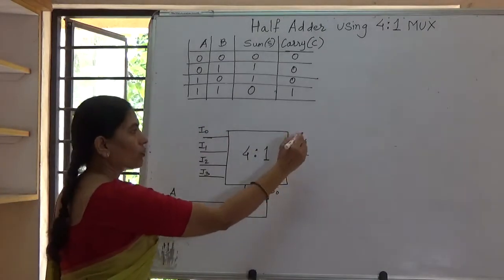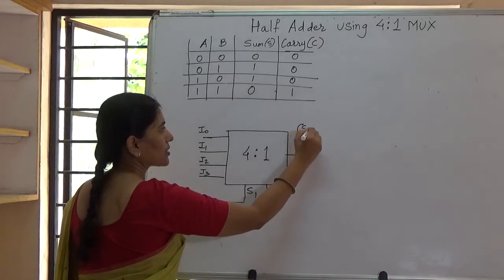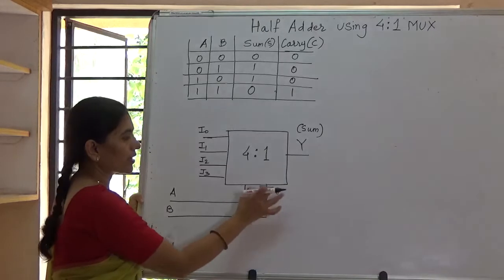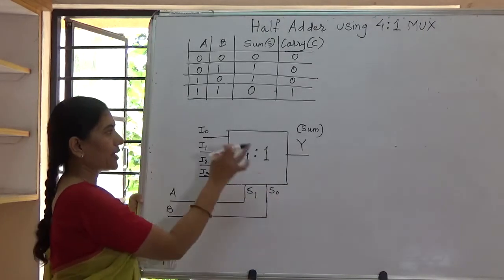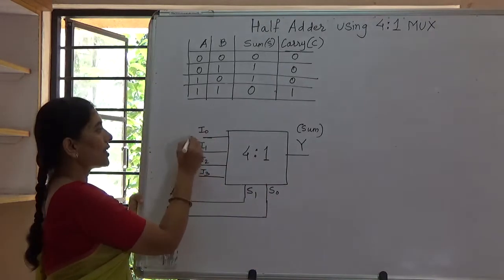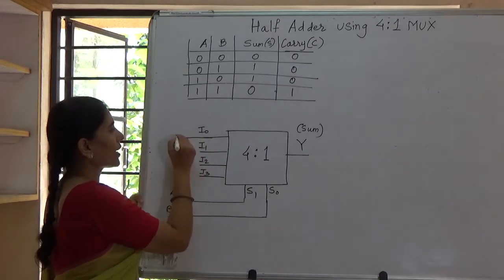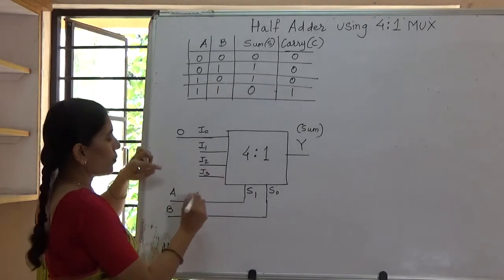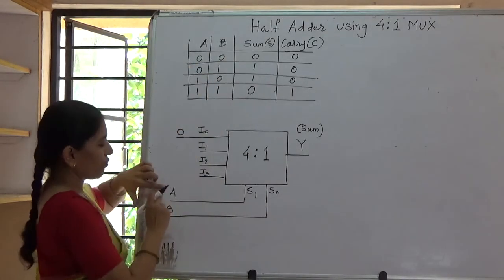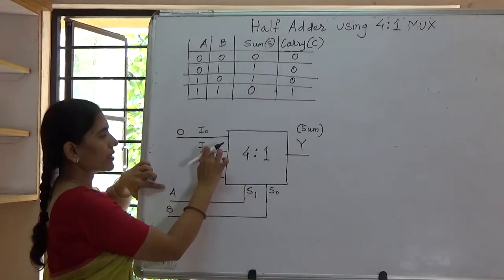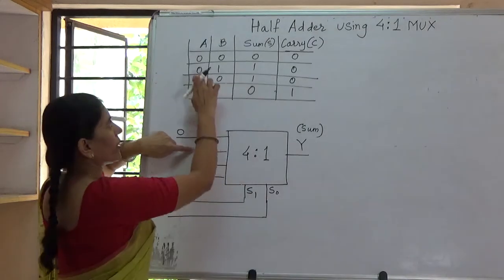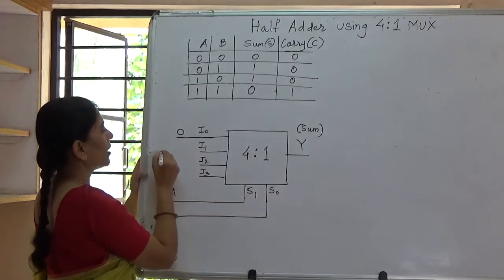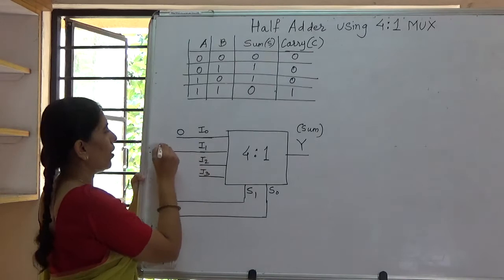But we want the output for the sum as a 0, so this input line I0 must be connected to a 0. Similarly, when the inputs are 0 1, the I1 line will be selected, but for that combination we want the sum to be a 1. Therefore, this I1 line needs to be connected to a 1.